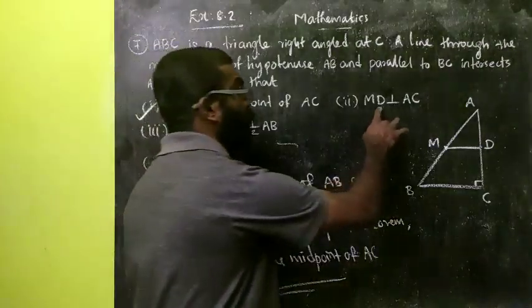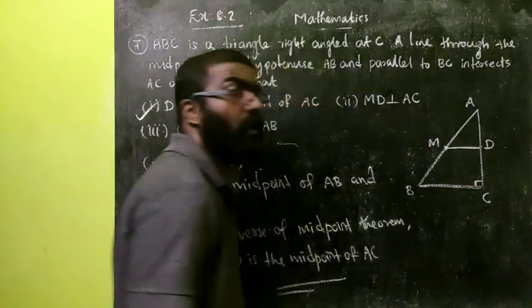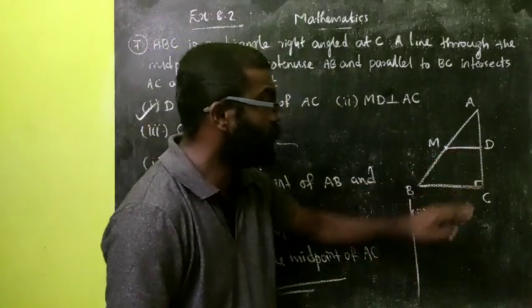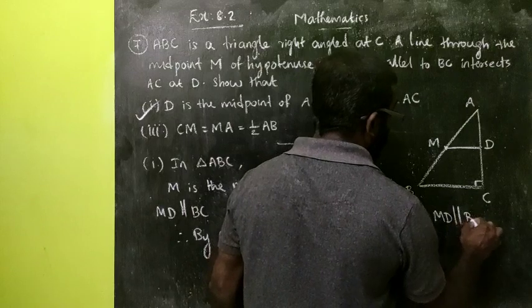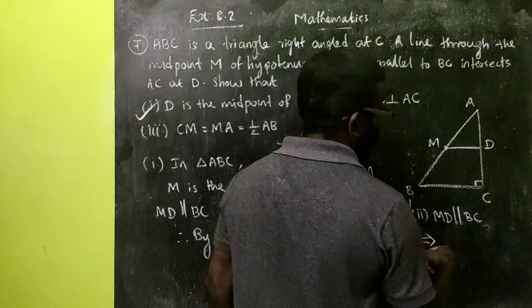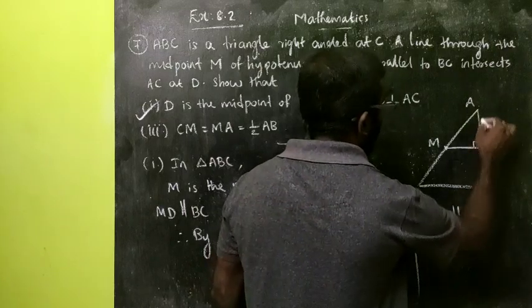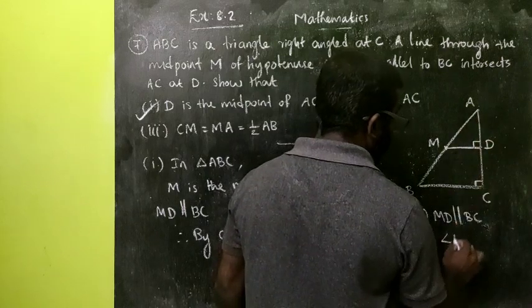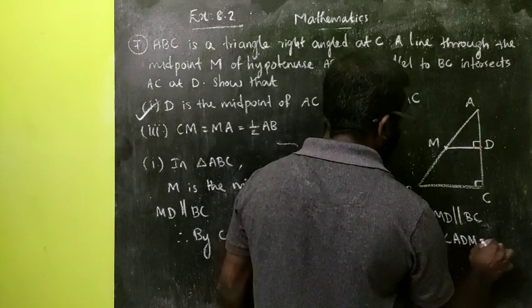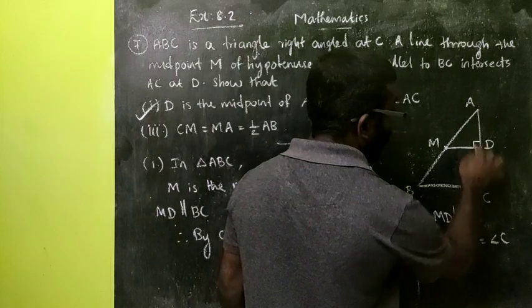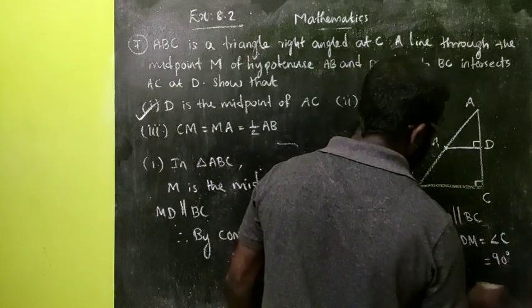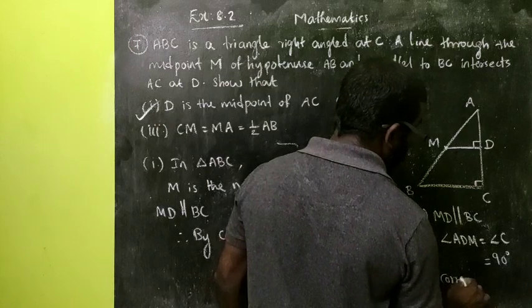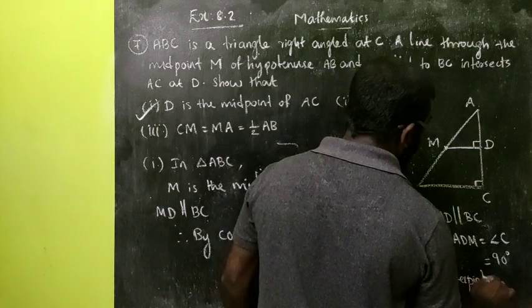Second one is MD is perpendicular to AC. So here it is given that MD is parallel to BC. So MD parallel to BC implies, we can write angle ADM is equal to angle C. Okay, corresponding angles, and which is equal to 90 degree.